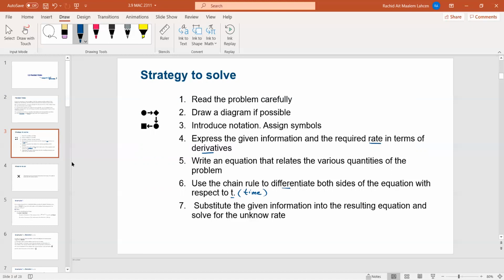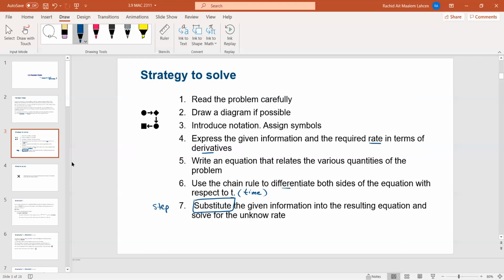Substitute the given information, step 7, which is the last one. The common mistake is to try to substitute what's given in advance. That's why it's important to talk about this at the beginning, which means we will set up the problem, find out how things are connected, and solve for whatever we want.